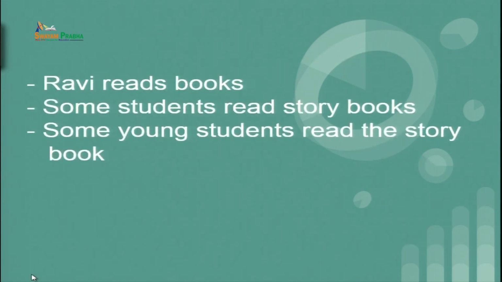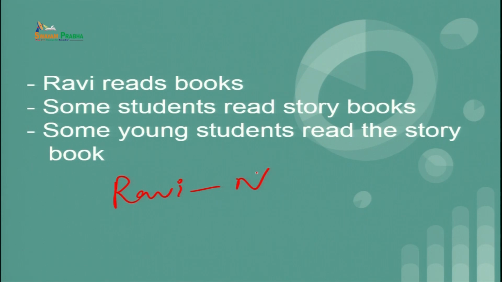To make you understand the idea of phrase structure rules, let us consider these examples. The first example, as you see, is Ravi reads books. Now, if we look at this sentence, we will see that Ravi is a noun, right?